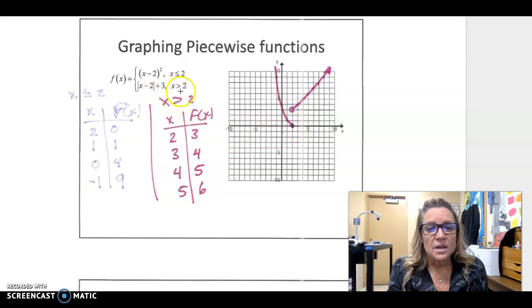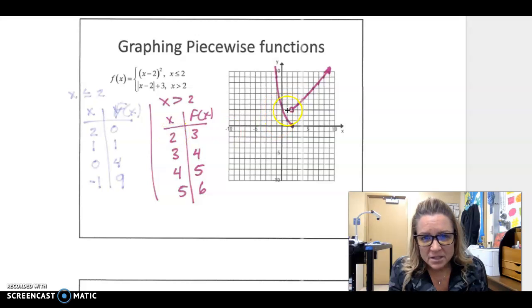Okay. Then for x is greater than 2, I plugged in numbers that were 2 or greater. Well, 2 technically doesn't count, and that's why I left it as an open point. So notice this one's filled in because that's where it has the equal part, and this one is left open because that's where it does not have the equal part.